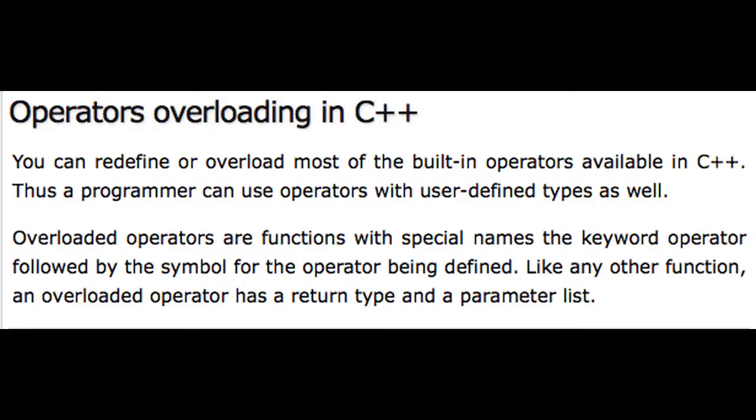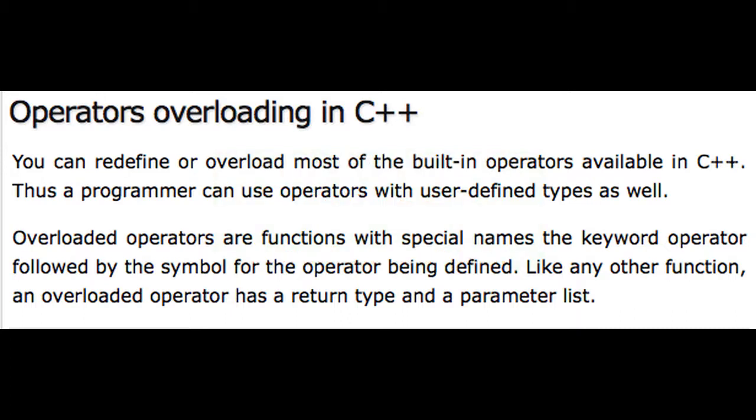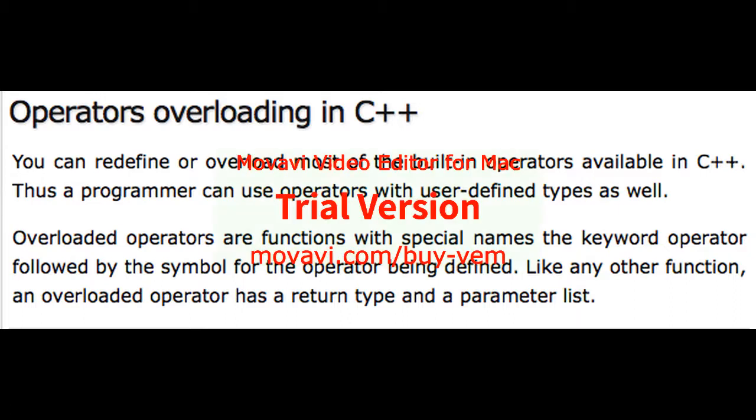Now operator overloading in C++. Here you can redefine or overload most of the built-in operators available in C++. Thus a programmer can use operators with user-defined types as well. Overloaded operators are functions with a special name: the keyword operator, followed by the symbol for the operator being defined.